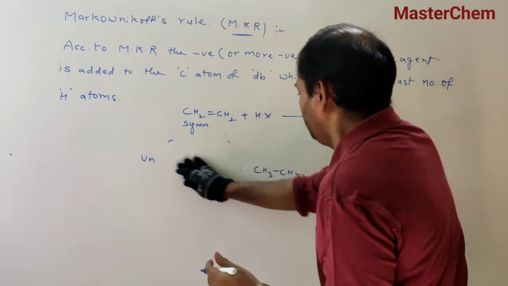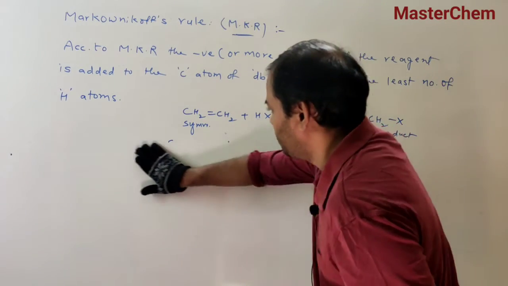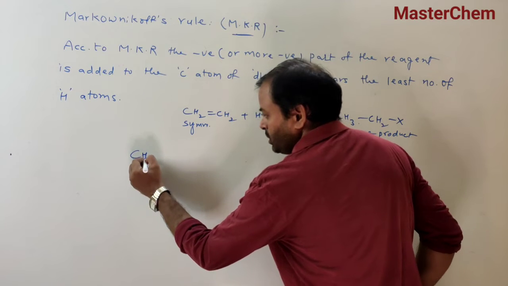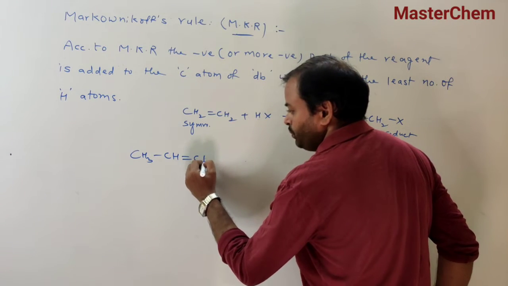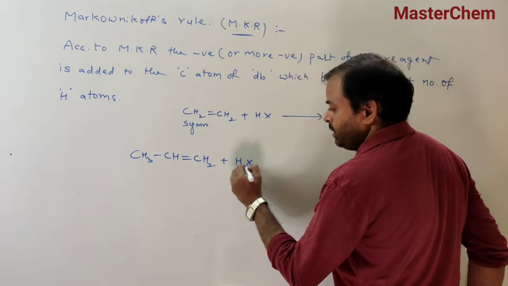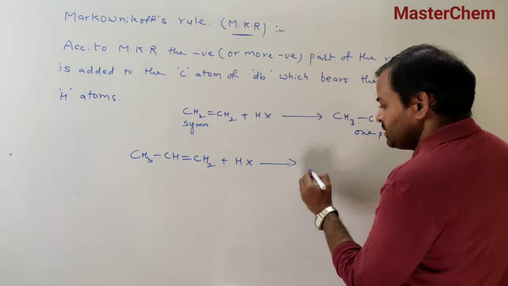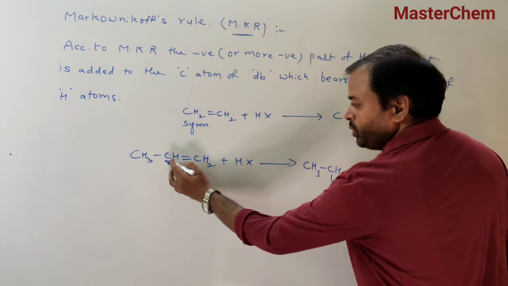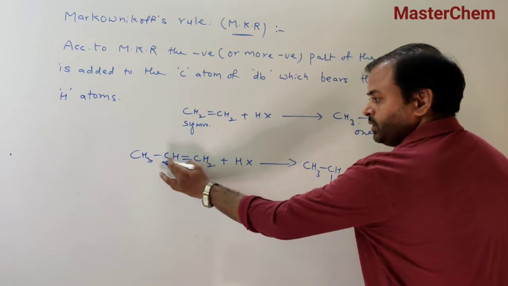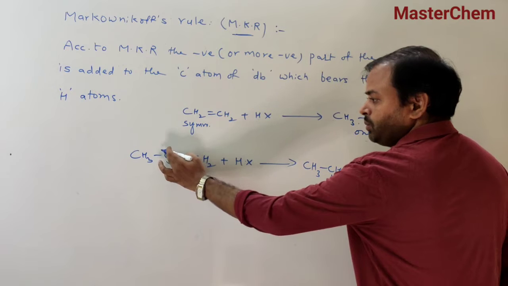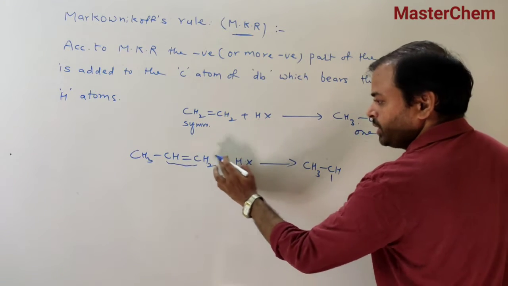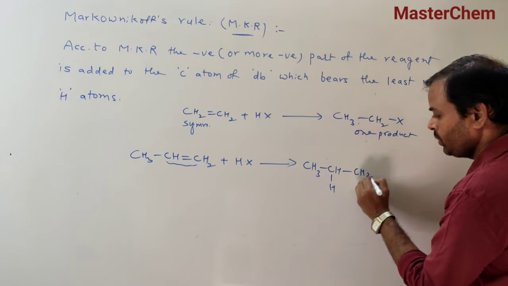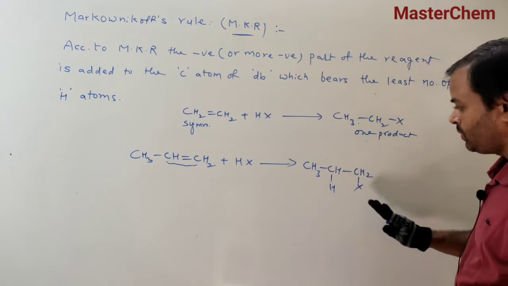If it is an unsymmetrical alkene, for example CH3CH=CH2 plus HX, in this case there are two probabilities. This is the unsaturation, the doubly bonded carbon atoms. By attaching hydrogen here and X there, what is the product?